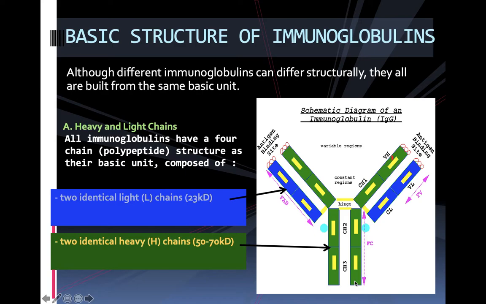Our light chains weigh around 23 kilodaltons, while the heavy chains are within the range of 50 to 70 kilodaltons. Now let's look at the structure of immunoglobulins in detail.